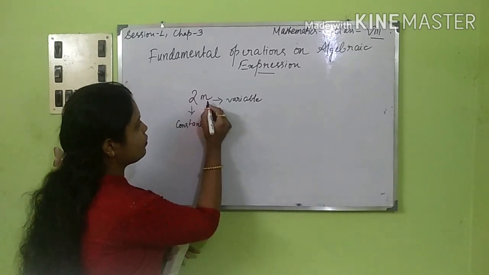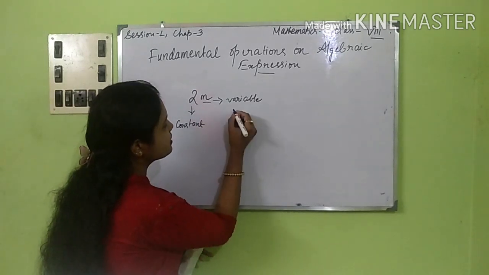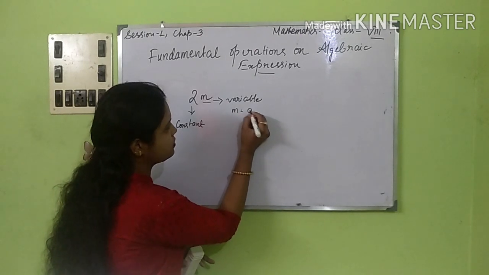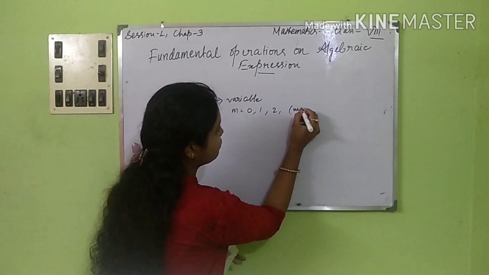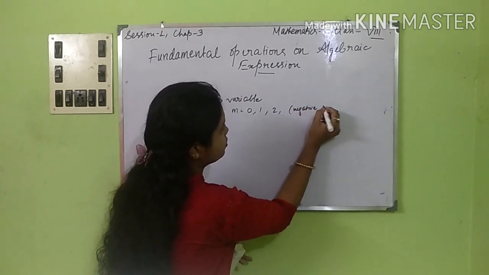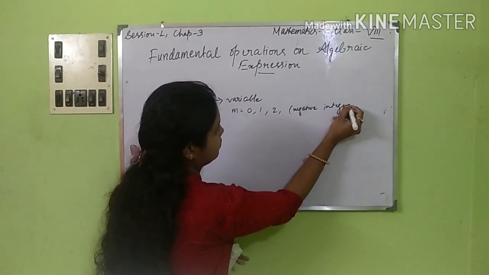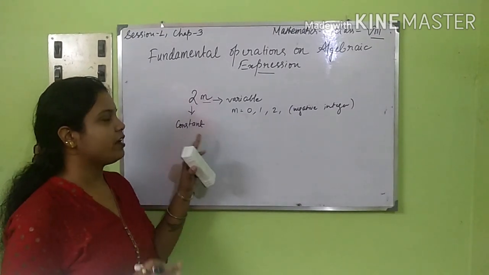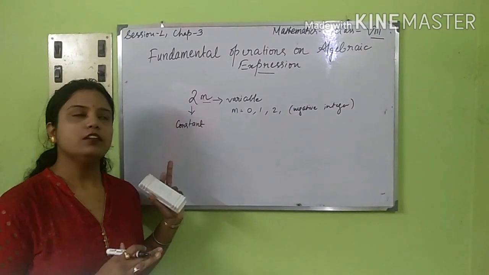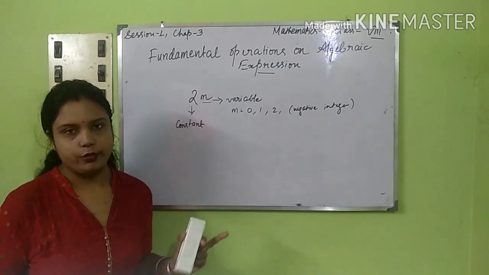That is why this m can take any set of values. m can be equal to 0, it can be 1, it can be 2, it can be a negative integer, and so on. So this is the very beginning of the concept of algebra.